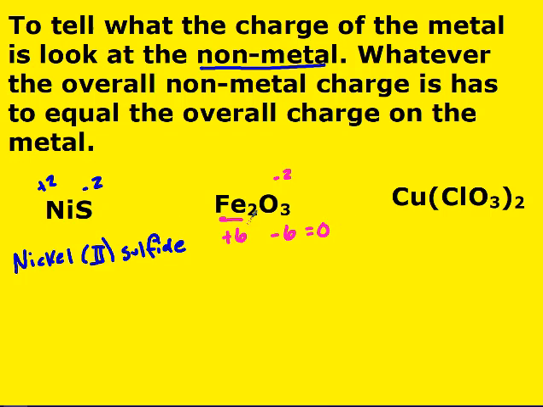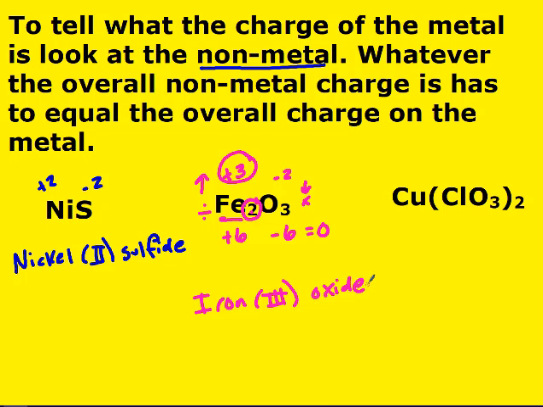But unlike the first example, I have 2 irons. So I divide going up, I multiply when I'm going down. 2 times 3 gave me 6. 6 divided by 2 gives me a +3. So the name of this one is iron(III) oxide.